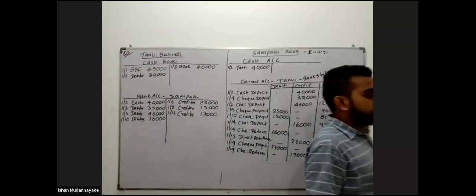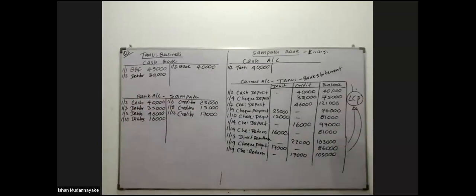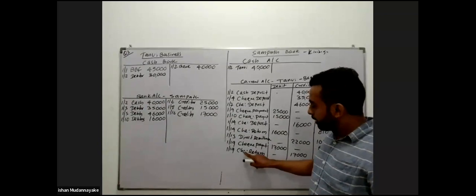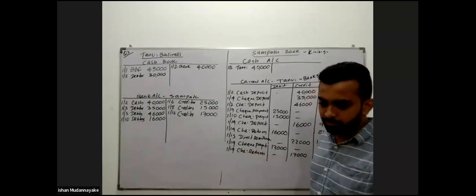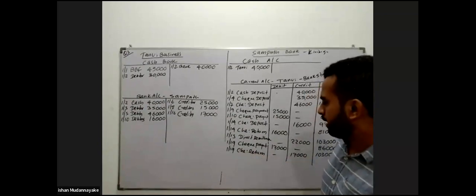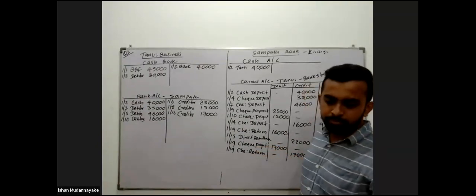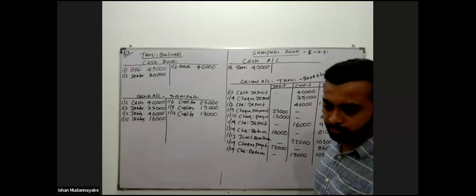Excuse me, sir. So here we can use either check return or dishonored check, right? Right, we can record check dishonored, but normally the bank records it as check return. Some banks use check return without recording dishonored.